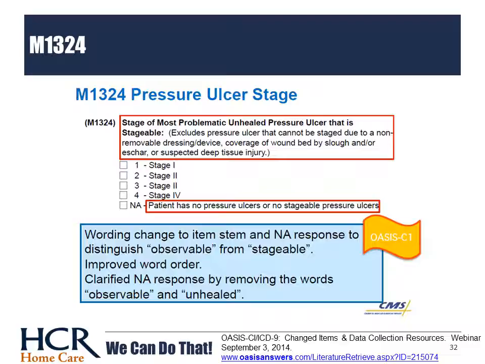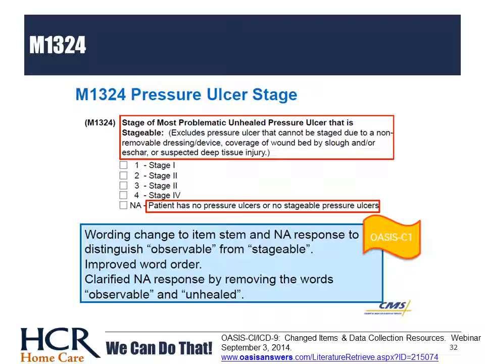The next pressure ulcer item that's had some changes is the question asking about the stage of the most problematic unhealed pressure ulcer that is stageable. Now, there's been quite a few wording changes to the stem of this question to make it more clear what this is asking for. So first off, the question is asking for the stage.